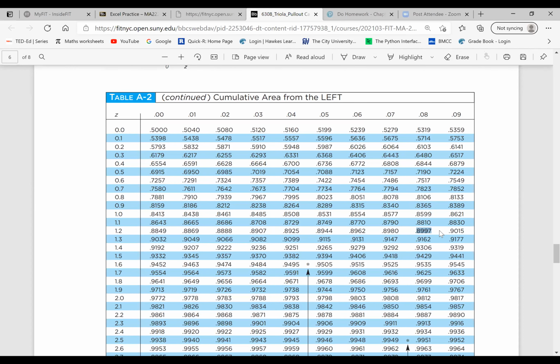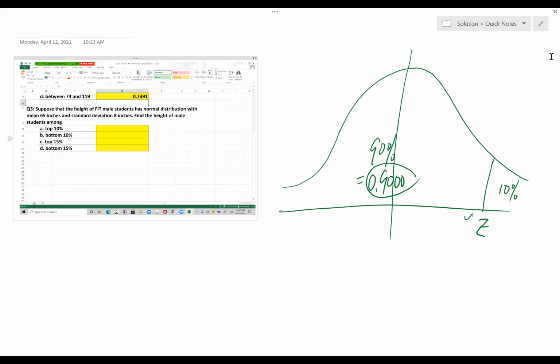So the best thing we can do from the table is 1.28. That means the cutoff z-score here separating the bottom 90% from the top 10% is 1.28. Look at that. Now once we have the z-score, we use the z-score formula, x minus mu over sigma, right?